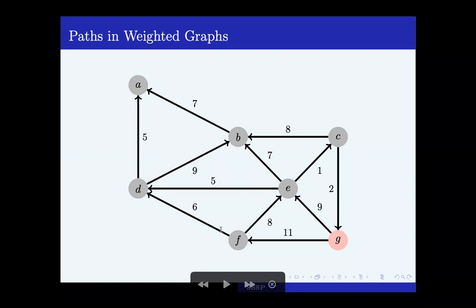Yes. But the path through F is already greater than the path that we are getting through E, just even going through F is costlier than going through E, right? And because there are no negative cycles or negative edges, if I go to E via F, my path cost can only go up, cannot go down.